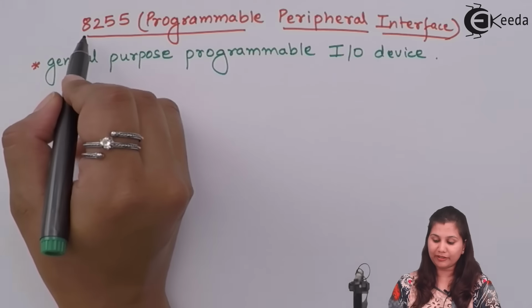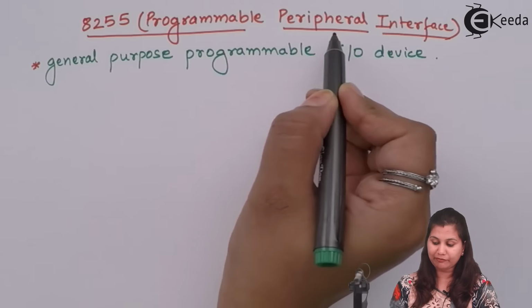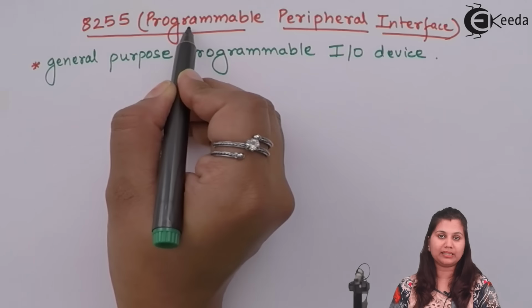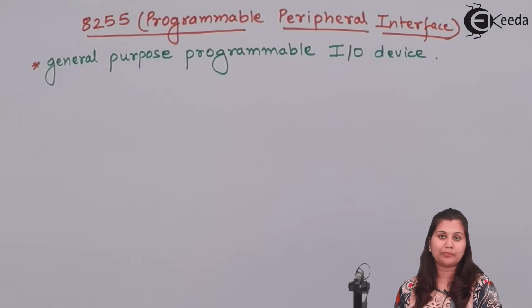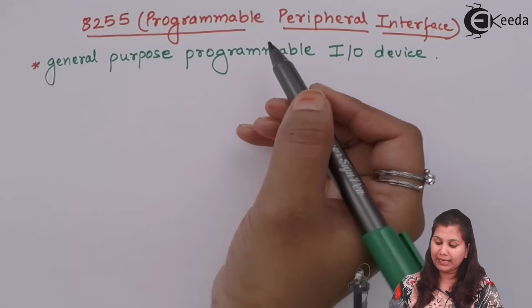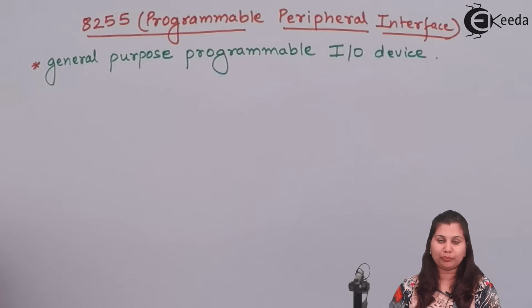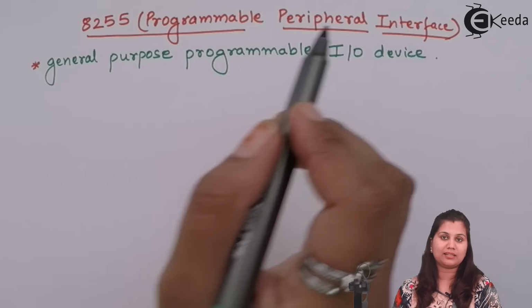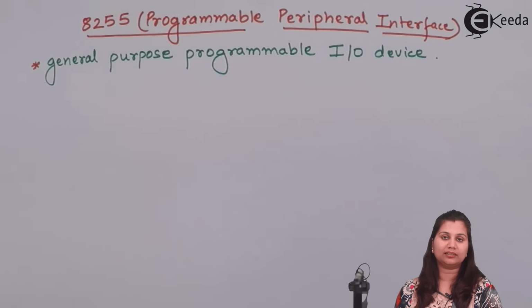This 8255, it is known as Programmable Peripheral Interface. So programmable means that this can be programmed. We can write programs in this 8255. And a peripheral means that input output device, and interface means a path which is providing the communication between two components.